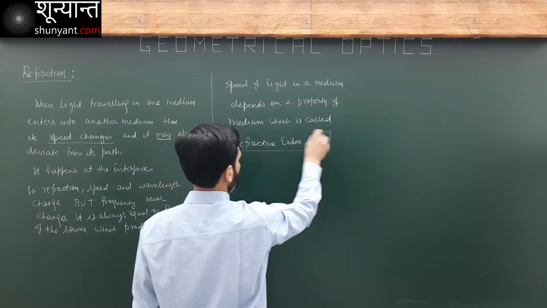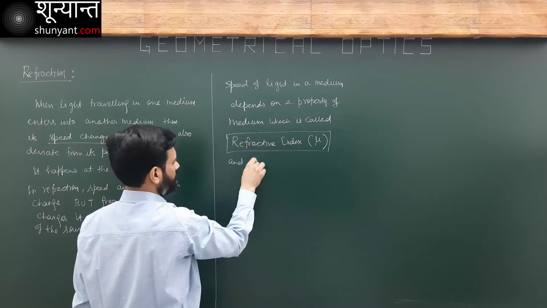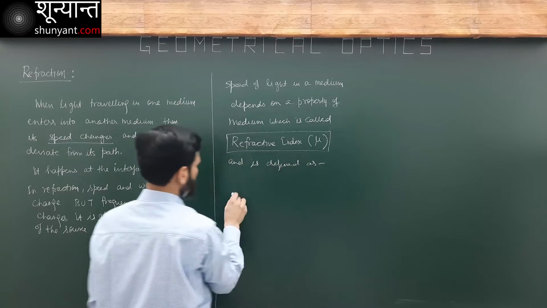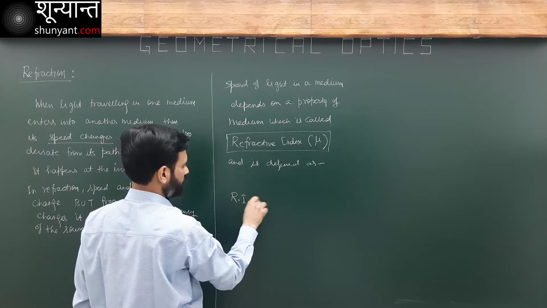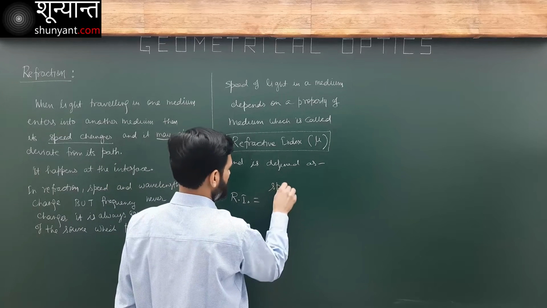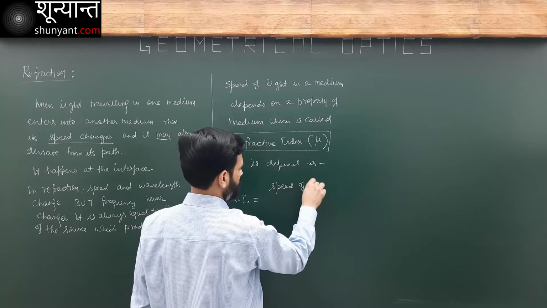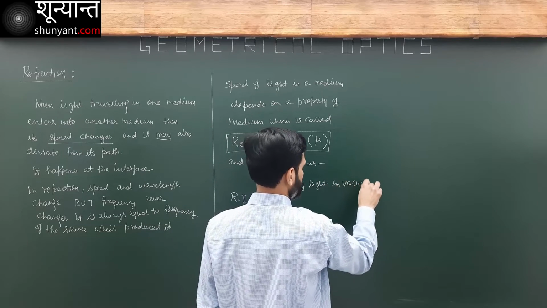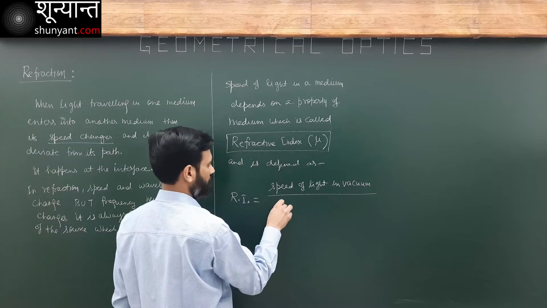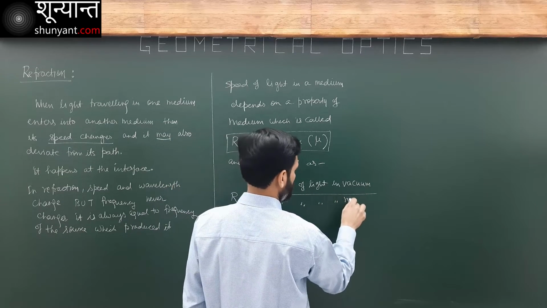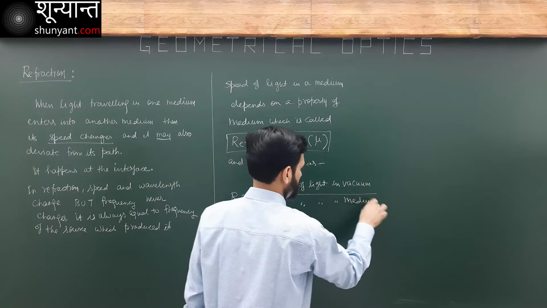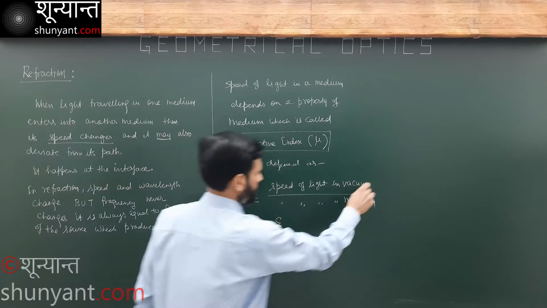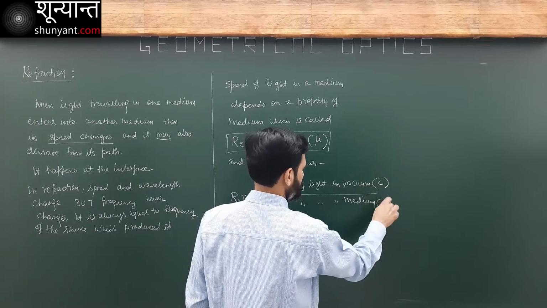It is defined as refractive index is equal to the speed of light in vacuum over the speed of light in medium. We define it like this: mu is equal to C over V. This is C and this is V.